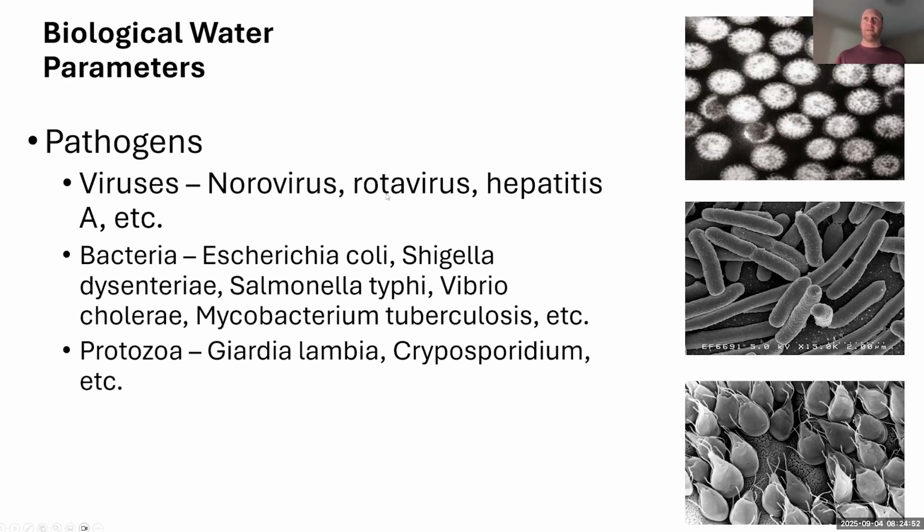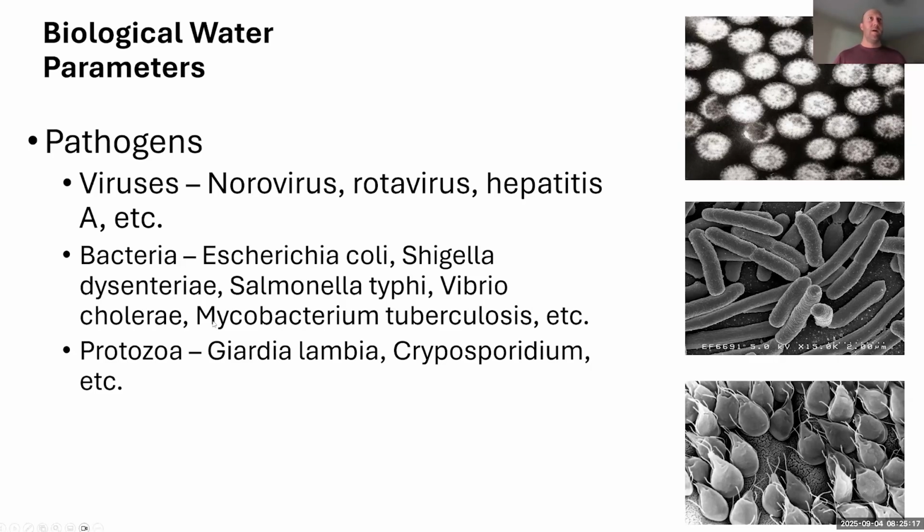It can be bacteria. I'm probably not going to be able to pronounce all these, but E. coli, and bacteria that cause dysentery, typhoid, cholera, tuberculosis, and there's more than that too. So of course we want to avoid that in our community.